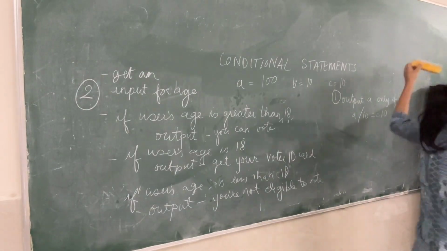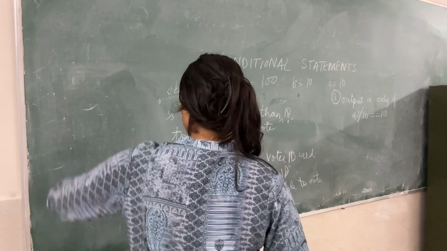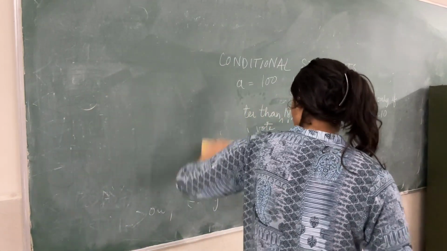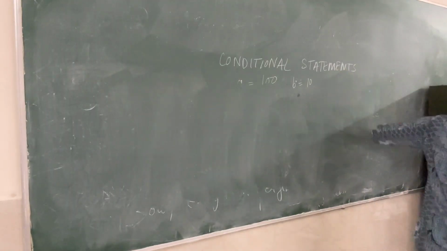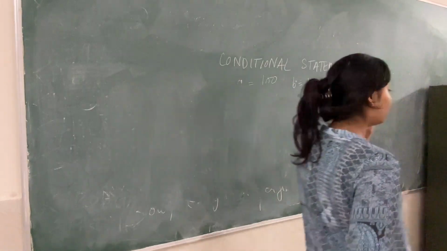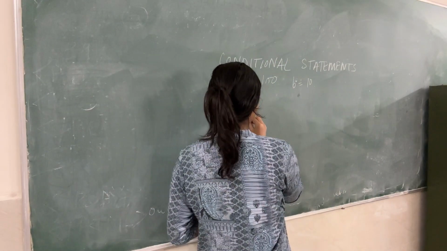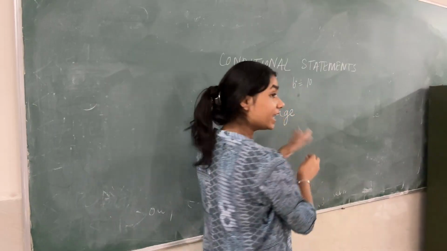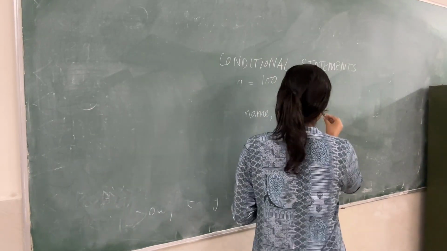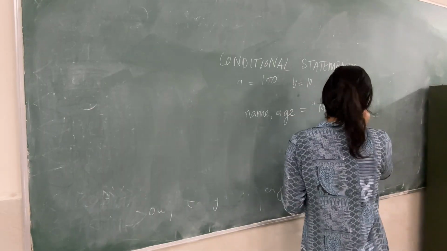One more interesting thing about Python is that you can assign values to two variables at a time or three variables at a time. For example, name, age equal to Mehak, 16.